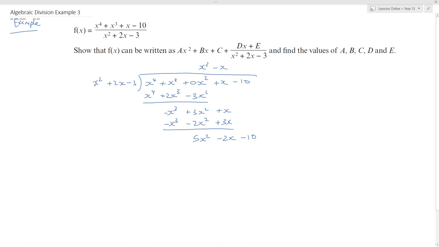So to get from x squared to 5x squared, I'll also multiply by 5. 5 times x squared is 5x squared. 5 times 2 gives me plus 10x.